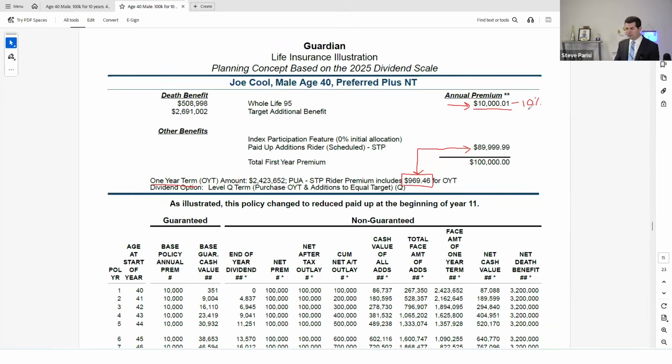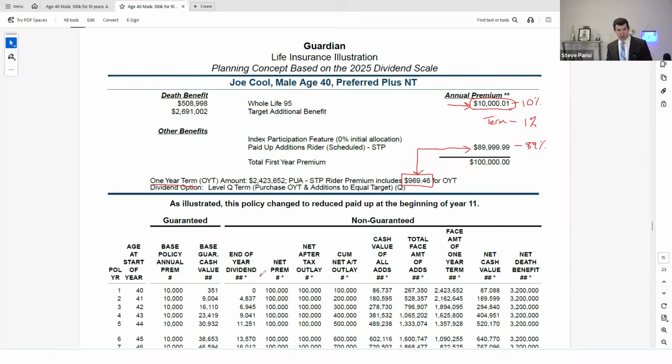So call it 10% base premium, 1% term, if we're rounding, and then 89% PUAs. What I would do with this actual policy is we could set that base premium to just about 9%, which would make the base premium plus the term cost about 10%, and then the rest goes toward PUAs. But I set the base premium at 10K for this example, just to keep it round.